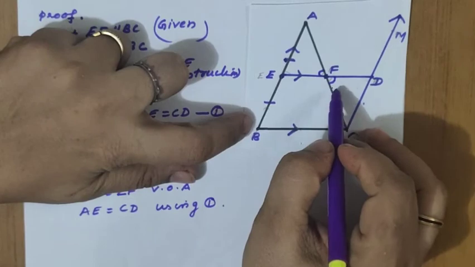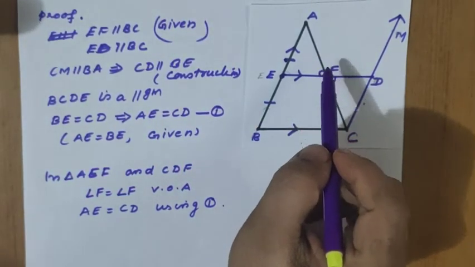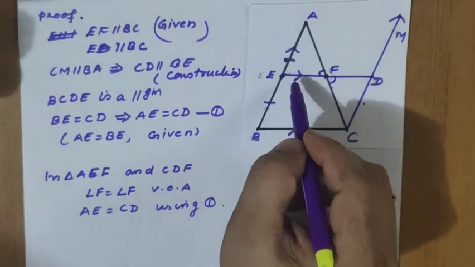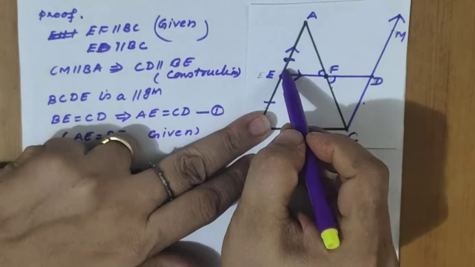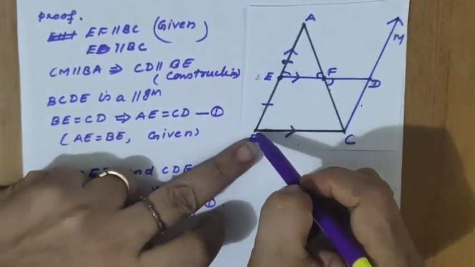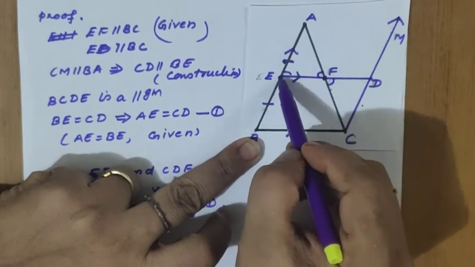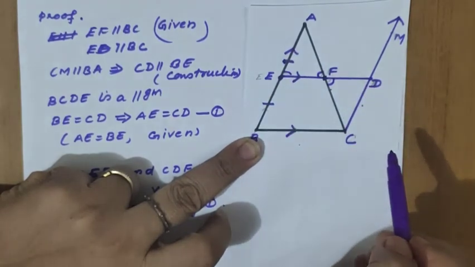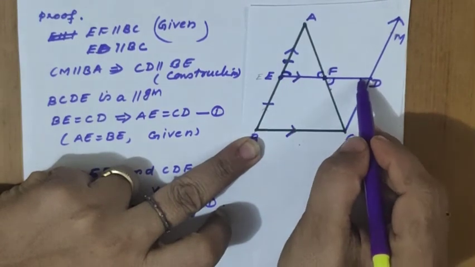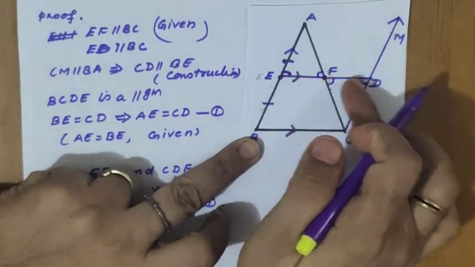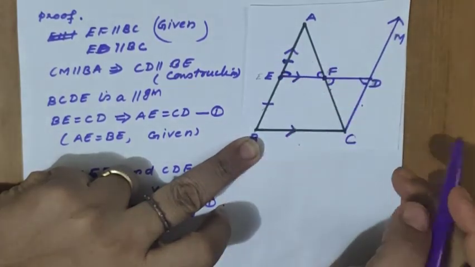So now we need an included angle, otherwise we will not get a side. So what should we take? One more angle we can take is angle E, because these are parallel lines. So what can we say about angle E and angle D? Here also we have parallel lines, and here also we have parallel lines, right?